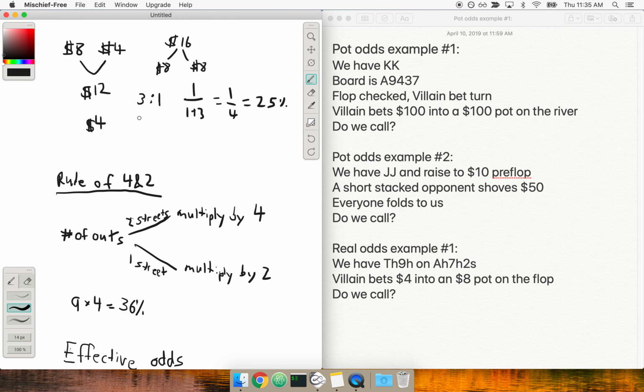So we're losing $12 now. Then we have to ask ourselves, okay, how much do we win when we hit? And now it's a little bit different. We're not just going to win these $12 when we hit. Our opponent put in another 8. So now we're going to win $20.